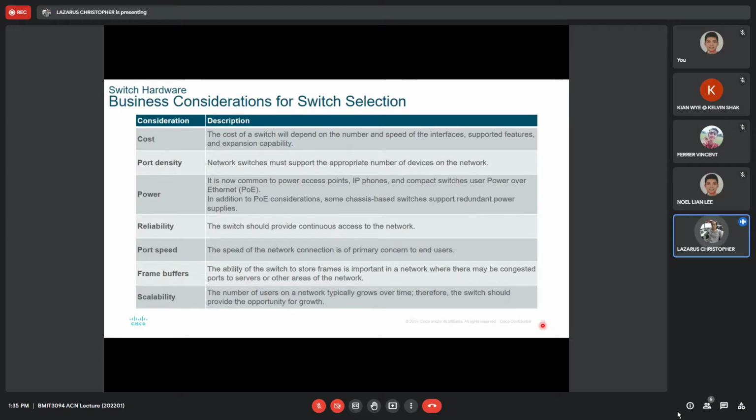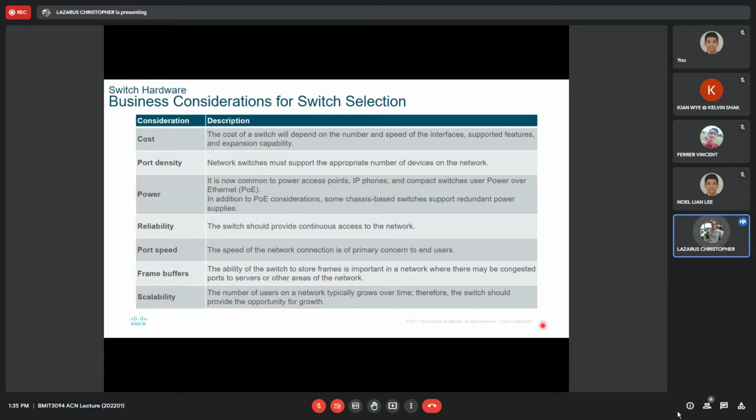And also, what is the speed of the interface? Usually we have Fast Ethernet, 100 megabits per second. Gigabit speed is usually only provided for intermediate device to intermediate device, switch to switch or switch to router, so you have fewer gigabit ports, but traditionally 100 megabits per second is for normal access ports.